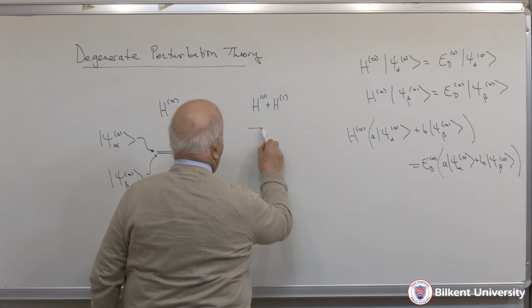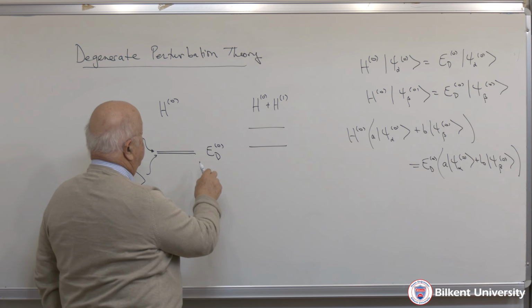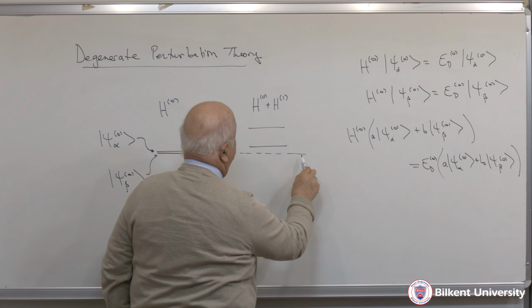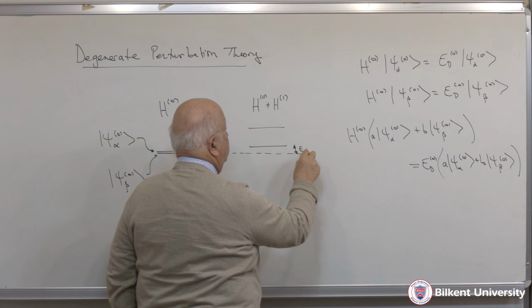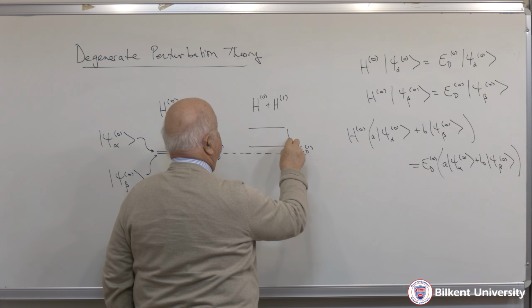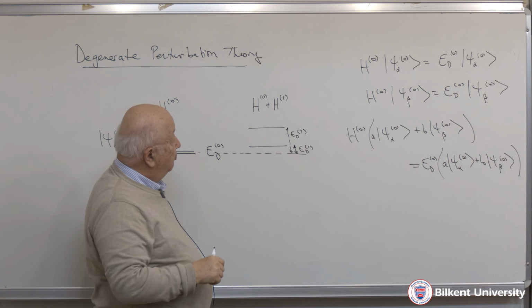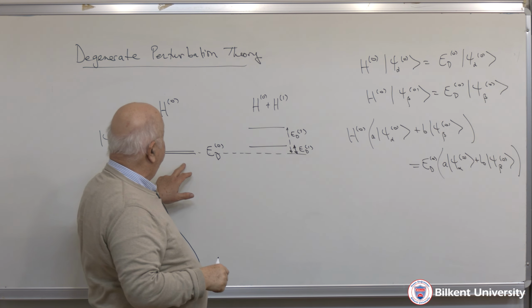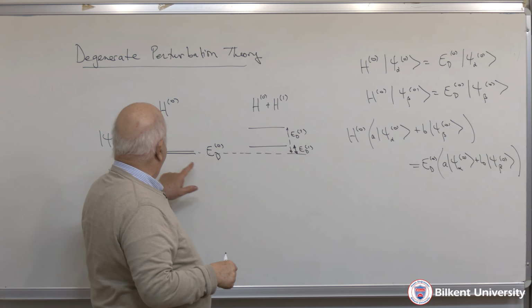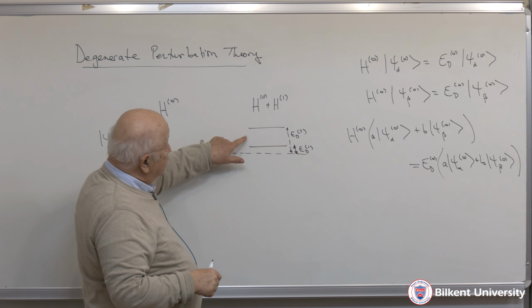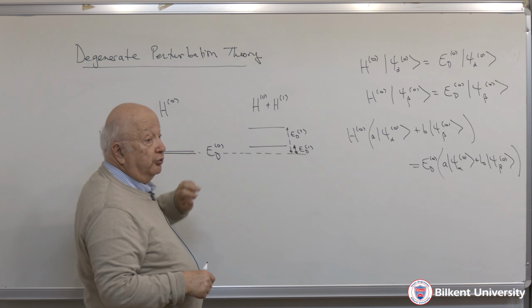So E_D 0 is the original level, but I'm going to get first order corrections, E_D1 and in general E_D2, two first order corrections which are going to be different to this zeroth order energy, and the eigenstates that I have here will be different for both of them.